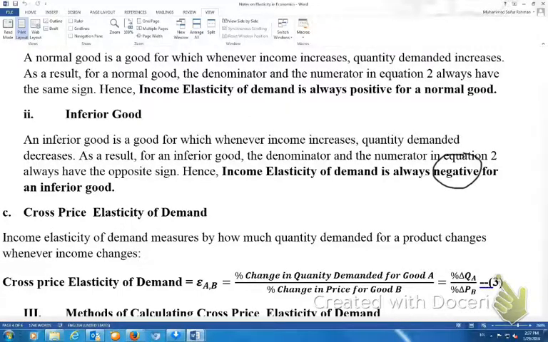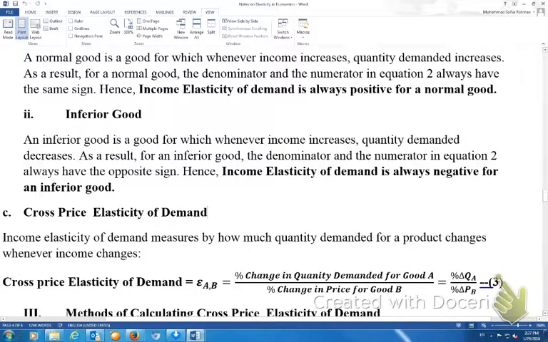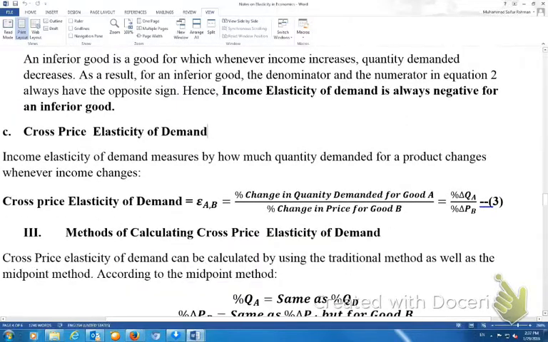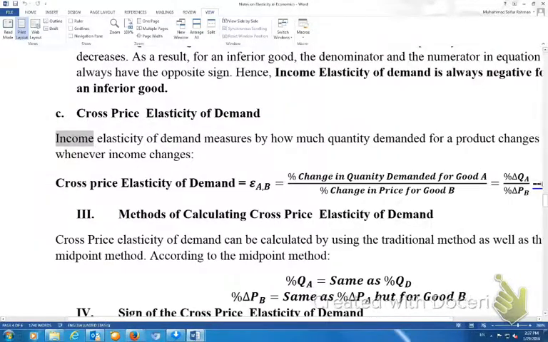Okay, let's now look at the next concept of elasticity, which is called cross price elasticity of demand. Now, there is a typographical mistake. I apologize for that.